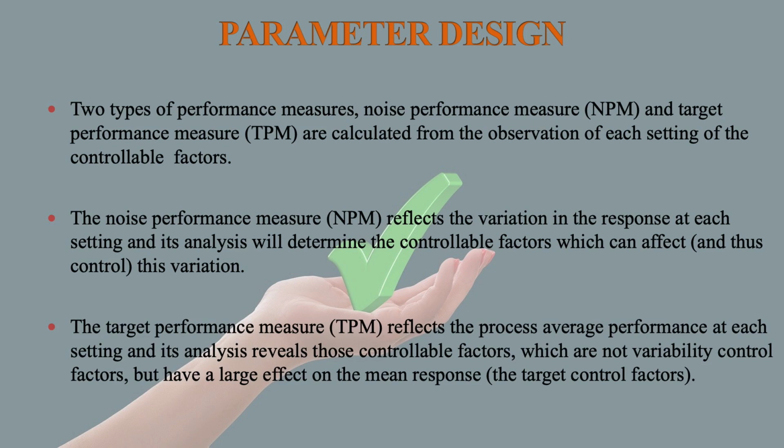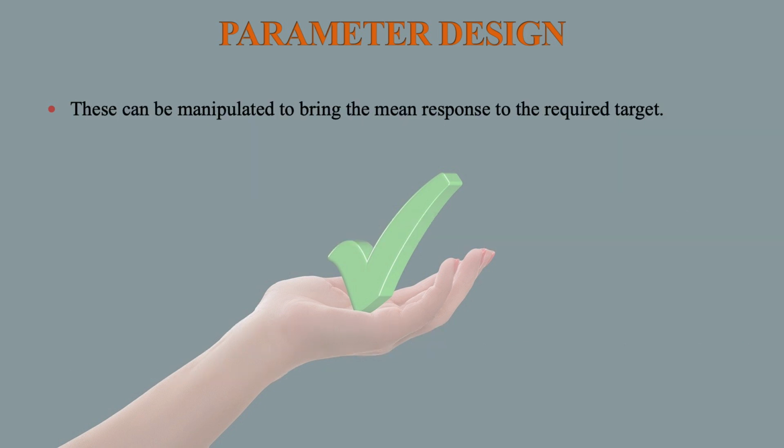The target performance measure TPM reflects the process average performance at each setting and its analysis reveals those controllable factors which are not variability control factors but have a large effect on the mean response, the target control factors. These can be manipulated to bring the mean response to the required target.